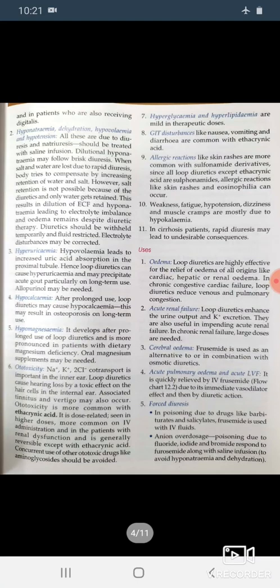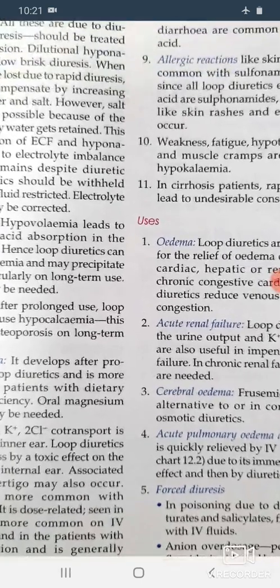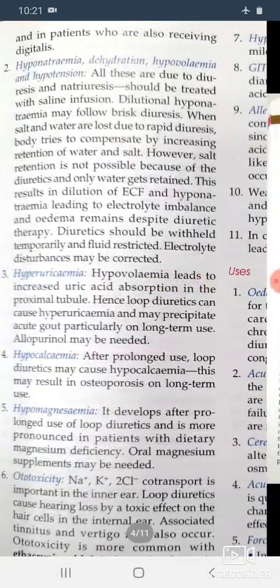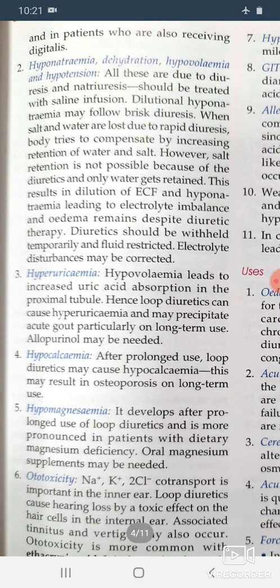The second side effect is hyponatremia, dehydration, hypovolemia, and hypotension. Hyponatremia means reduced sodium level in the blood, and that is quite common. As it increases the excretion of sodium and chloride in the urine and produces diuresis, it reduces the sodium level in the blood.